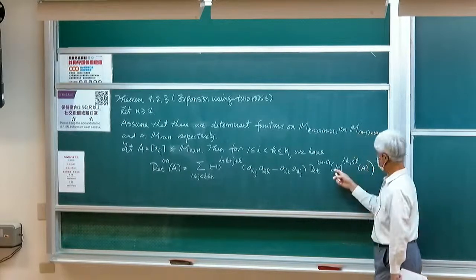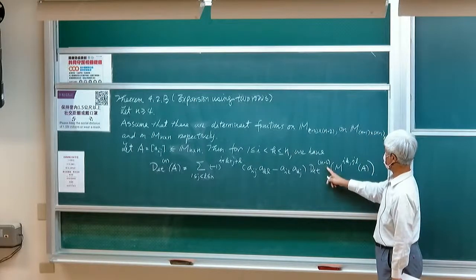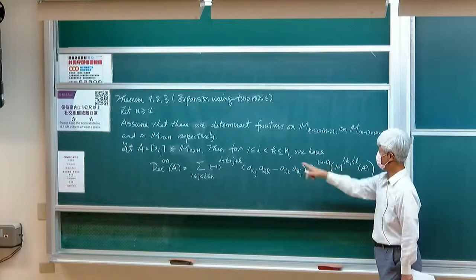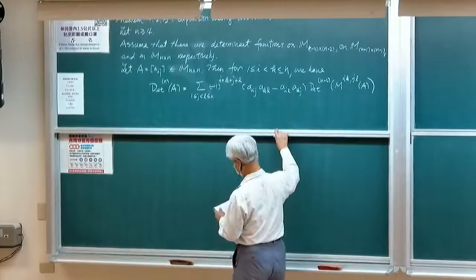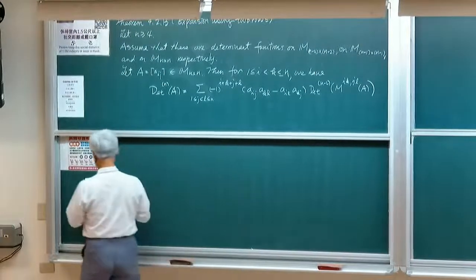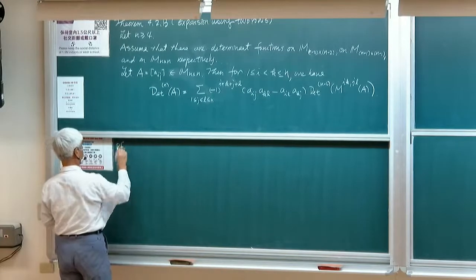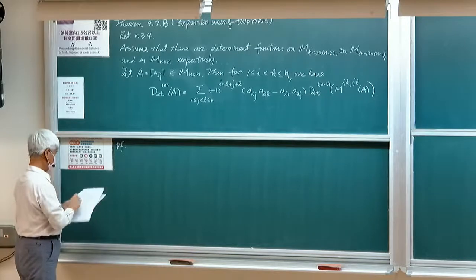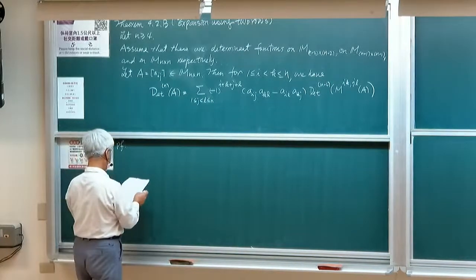And because of that, the determinant function we used is a determinant function for n-2 by n-2 matrices. Okay, so I will not repeat what we have done last week. So I just want to write it down up to here.